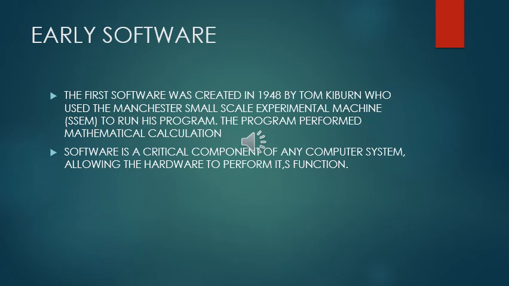Software is a critical component of any computer system, allowing the hardware to perform its tasks. So the first computer, in 1948 by Tom Kilburn, could only be used for mathematical aspects, in terms of addition, multiplication, and division of numbers. But with the help of software, it allowed the computer to function.